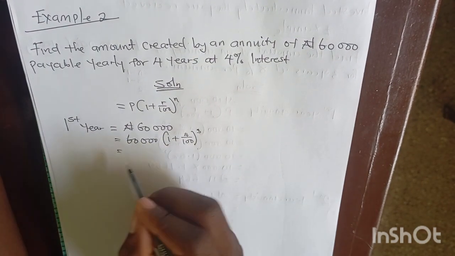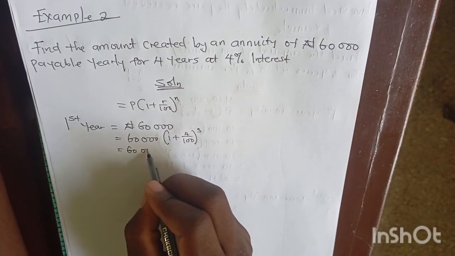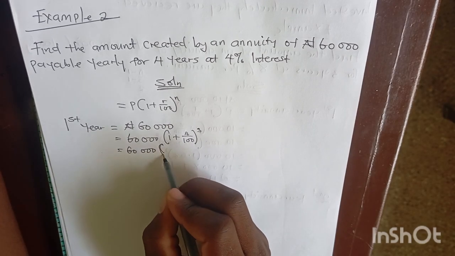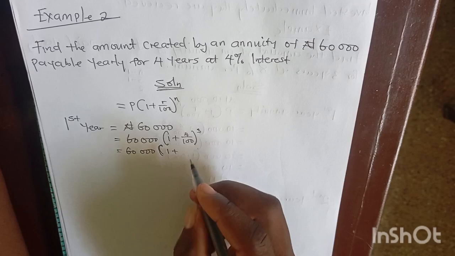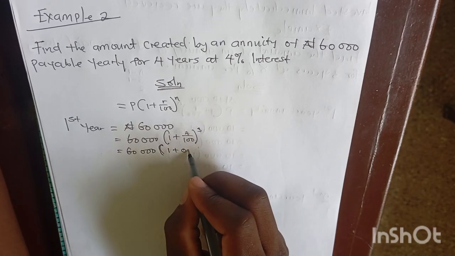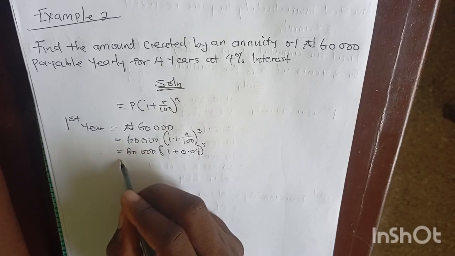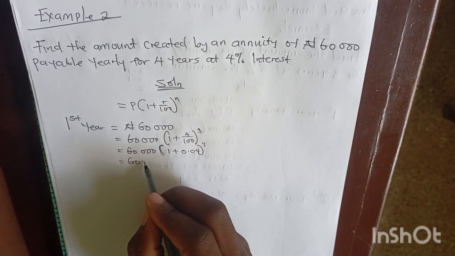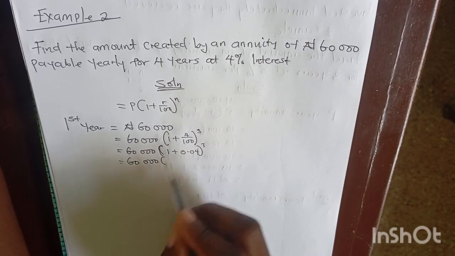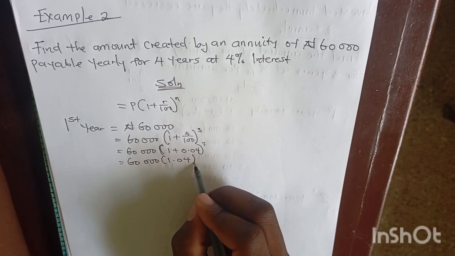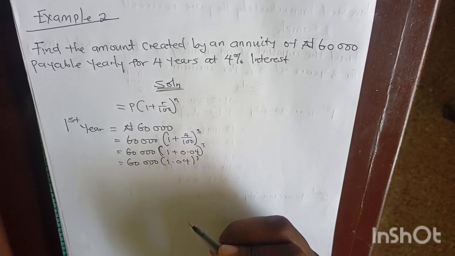So we have 60,000 open bracket 1 plus 0.04 raised to the power of 3, which is 60,000 open bracket 1.04 close bracket raised to the power of 3.